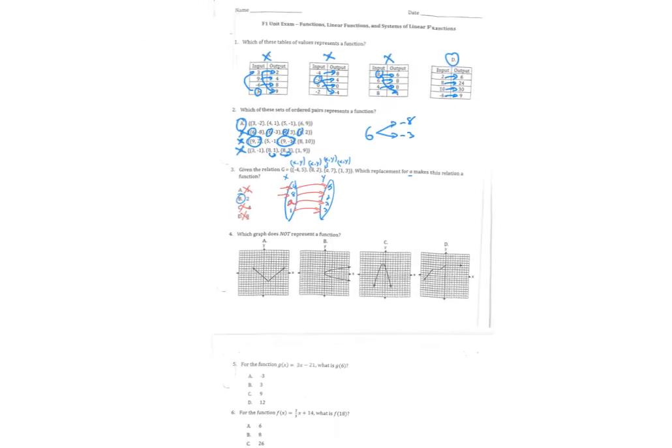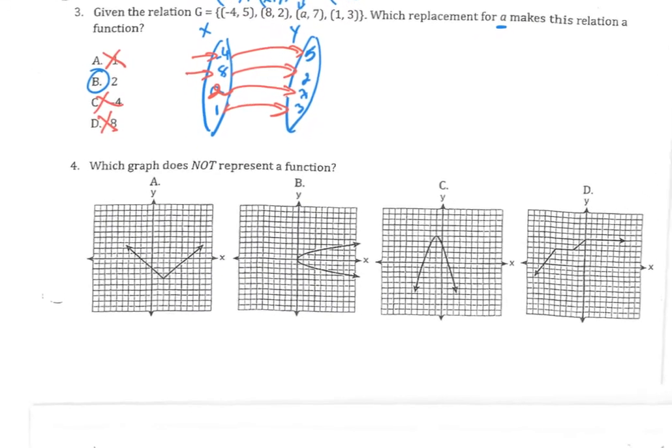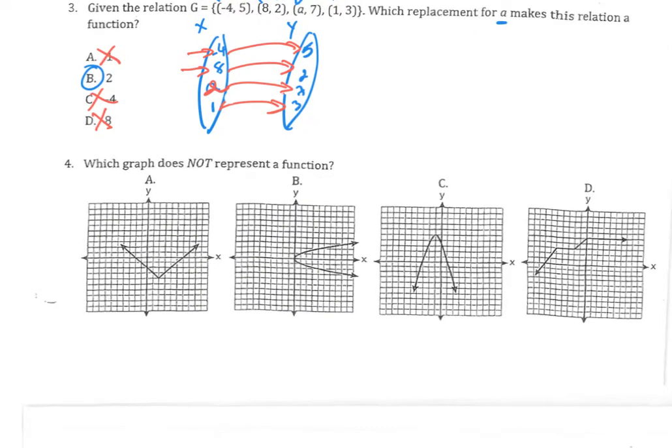So for question number 4, which graph does not represent a function? The best way to answer this question is to use the vertical line test. On the vertical line test, if the line intersects or cuts the graph in 2 points or more, it means the graph does not represent a function.